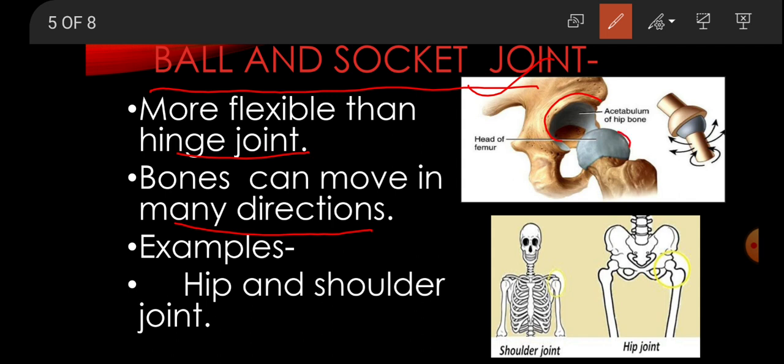The ball shaped end of the bone fits into this socket, and thus it is called a ball and socket joint. Examples are hip and shoulder joint. Look at this picture here. You can see shoulder joint and hip joint. These are the examples of ball and socket joint.